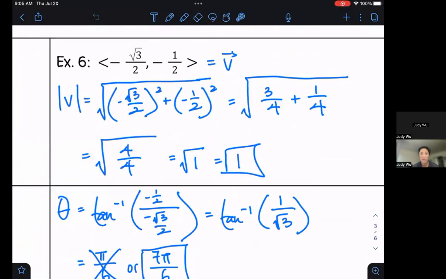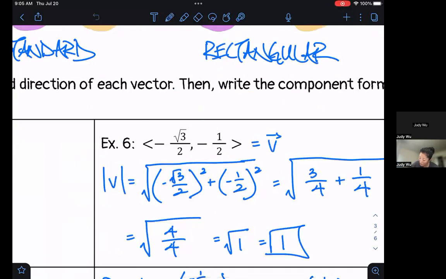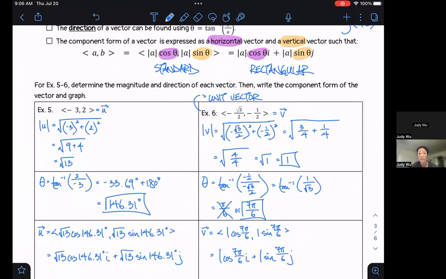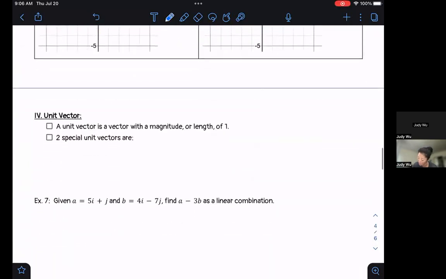It was kind of weird with fractions, but when we calculated the magnitude, we got 1. So example 6 is actually an example of a unit vector. Anytime we have a vector with length 1, it is considered a unit vector.